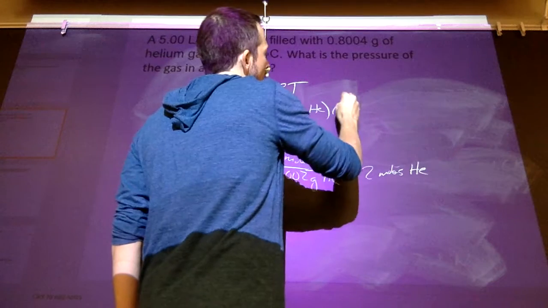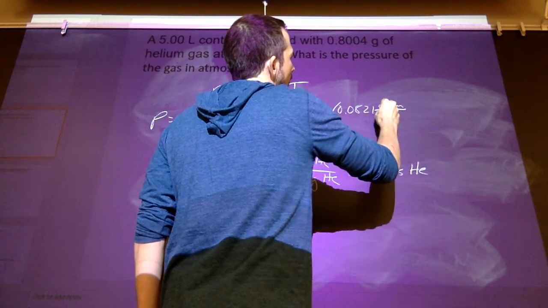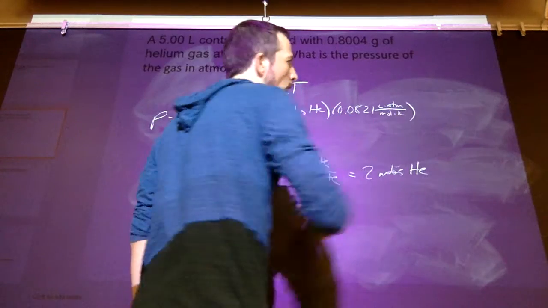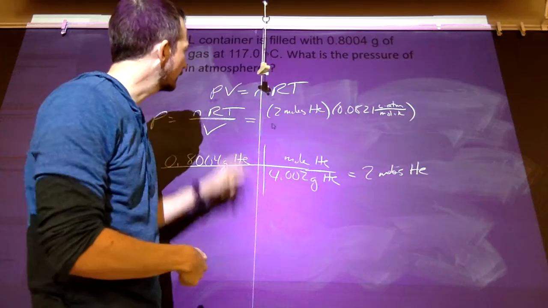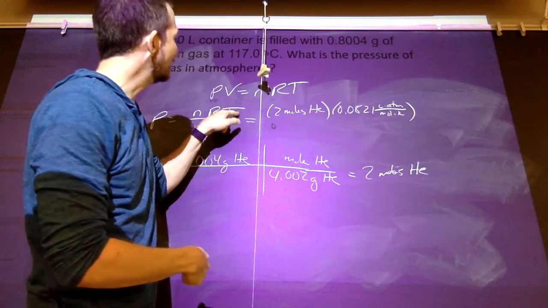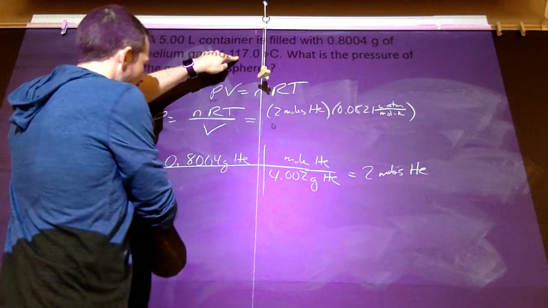Gas constant. Remember, the one that I remember is the one that's in liters, atmospheres, moles, Kelvin. Temperature, now I need this in Kelvin, so I need to add 273 to this one.